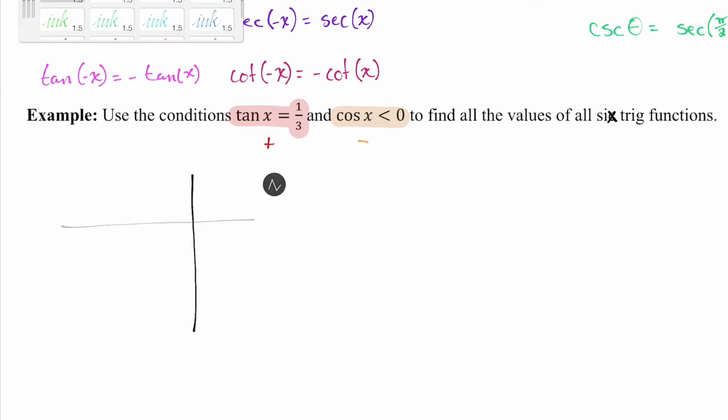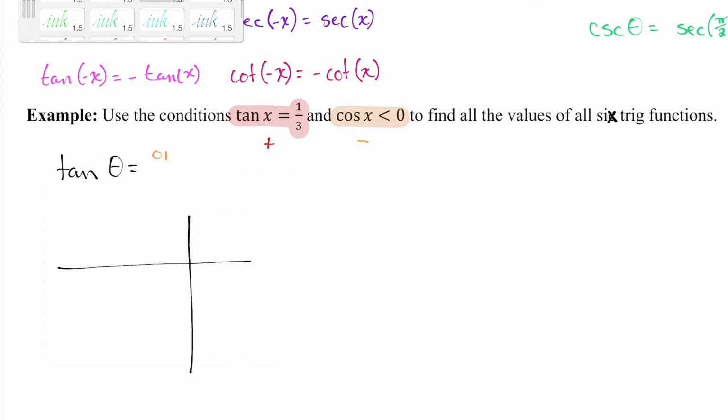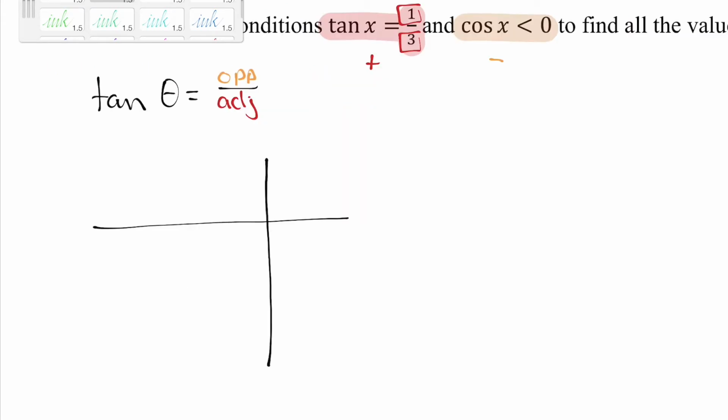And then I also like to keep in mind that whenever I'm doing tangent of any kind of angle, that is equal to the opposite over the adjacent. So then my opposite is going to be 1 and my adjacent is going to be 3. And so we could also see it as y over x.